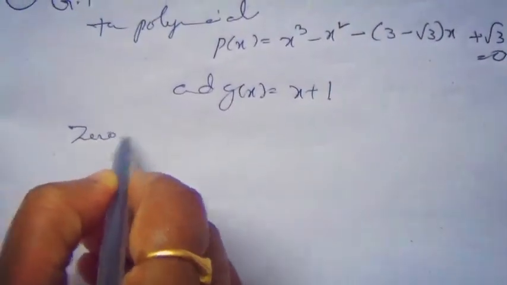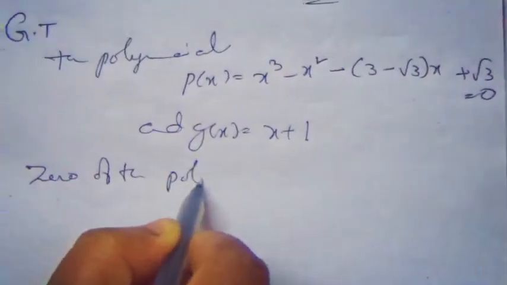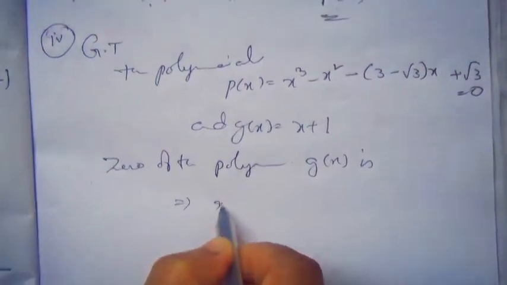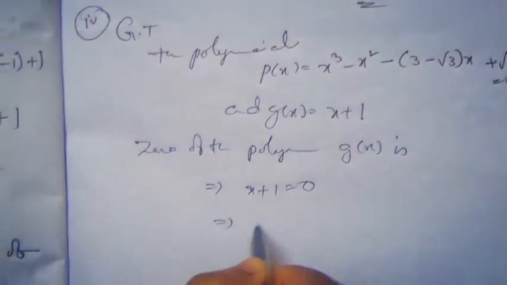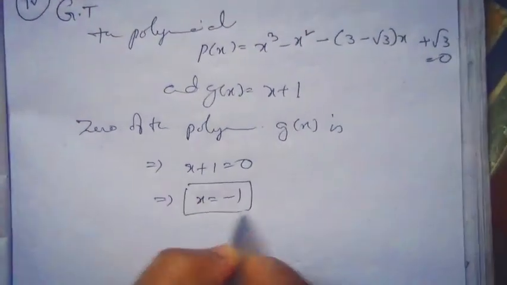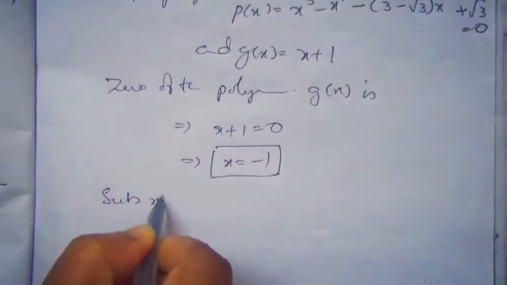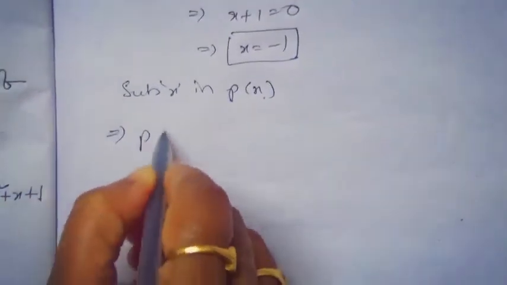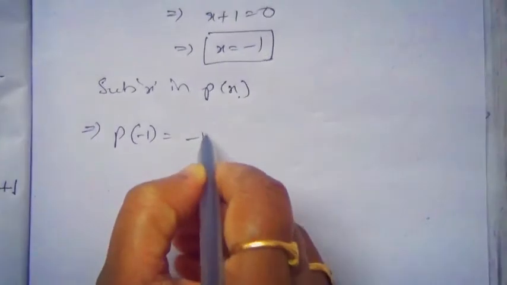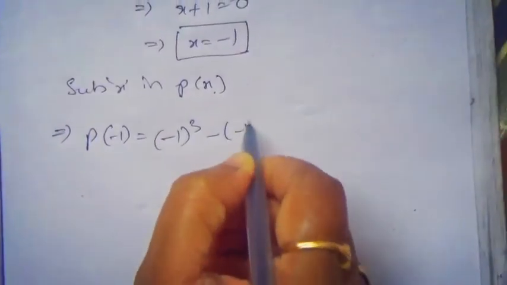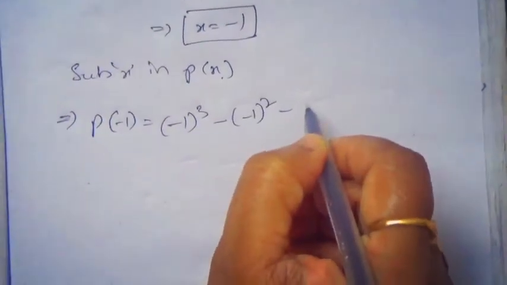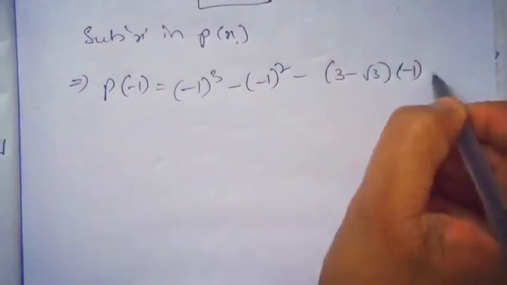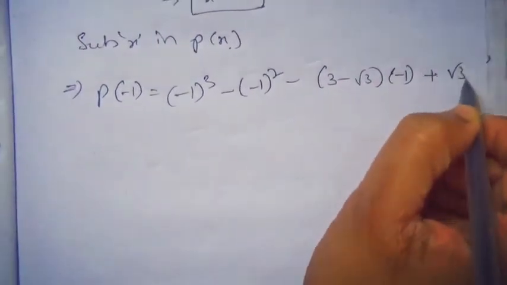So the zero of the polynomial g of x is, that implies x plus 1 is equal to 0. That implies x is equal to minus 1. So substitute x in p of x. Okay, that implies p of minus 1 is equal to minus 1 whole cube minus of minus 1 whole square minus 3 minus root 3 into minus 1 plus root 3.